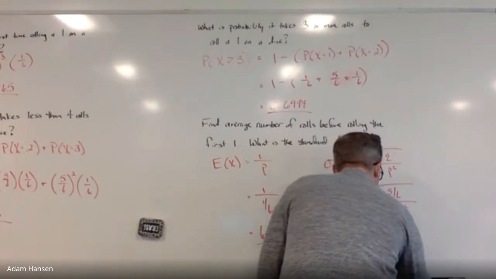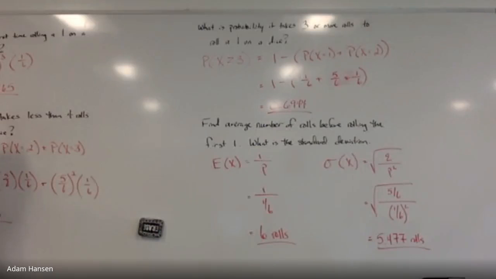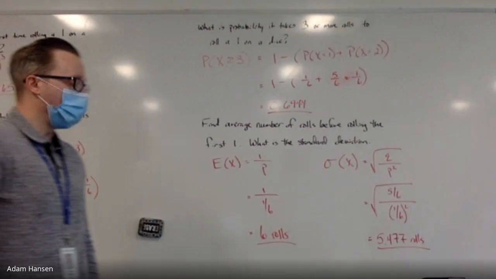All right, so the square root of 5/6 divided by 1/6 squared. A lot of variability, with a standard deviation that high compared to the average number of rolls of 6 rolls.